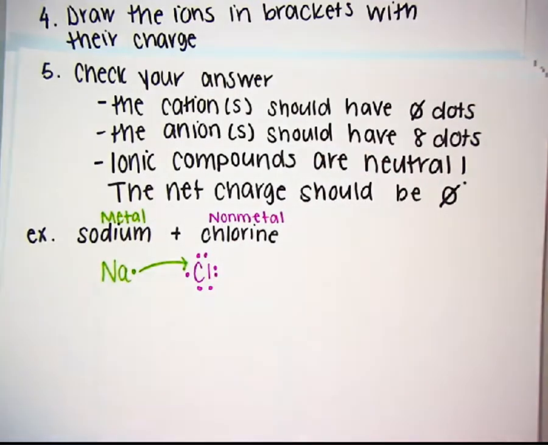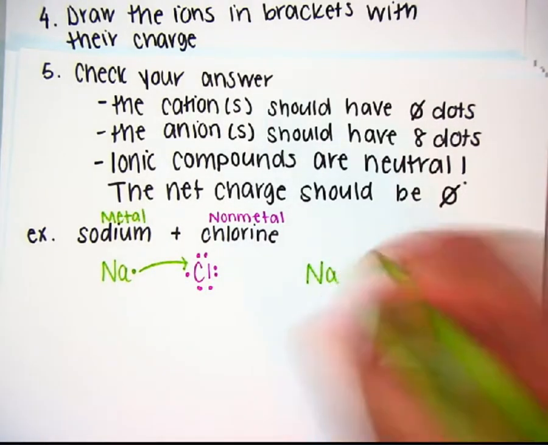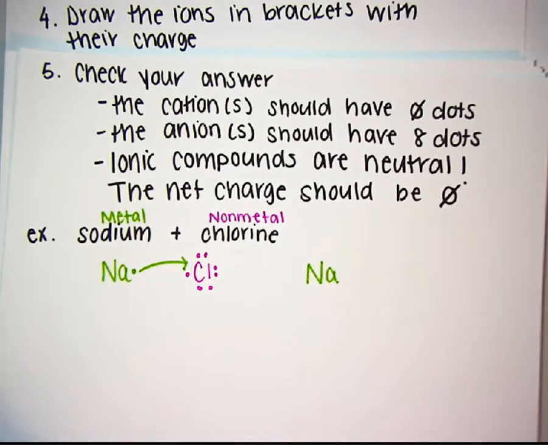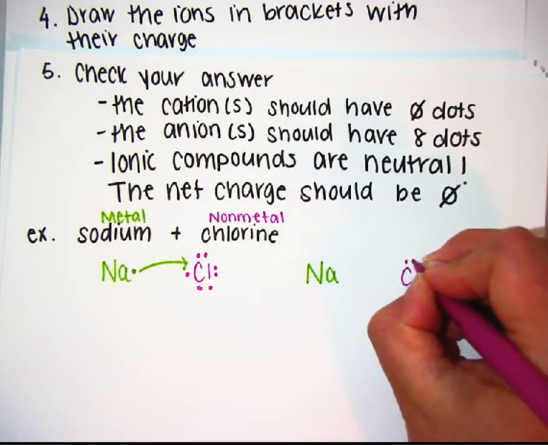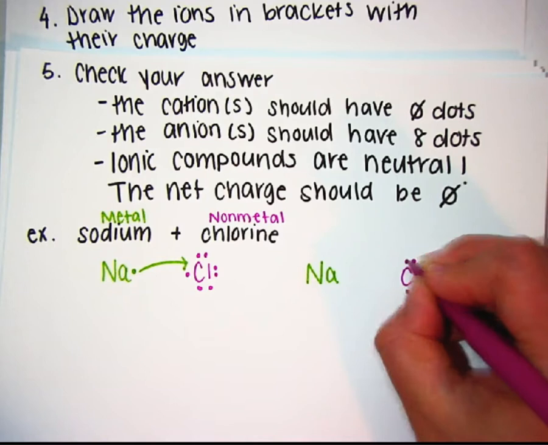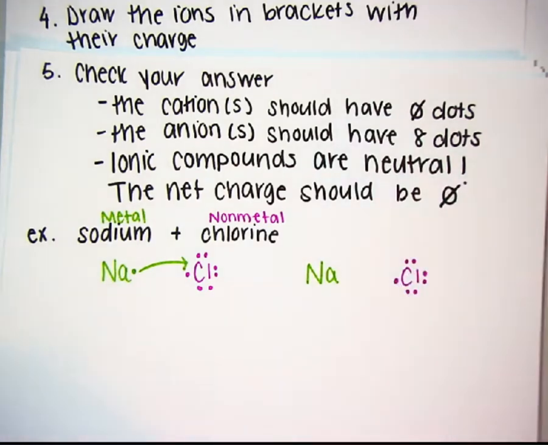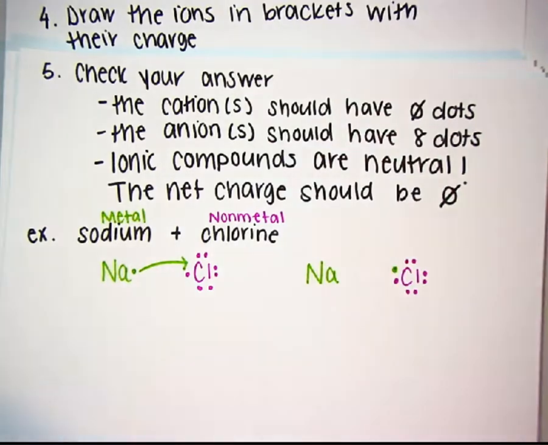Let's look at what happens when sodium loses 1 electron and it transfers it to chlorine. Now, sodium doesn't have any valence electrons. It lost its 1 valence electron. Chlorine had 7. It gained 1 from sodium, so it now has 8.